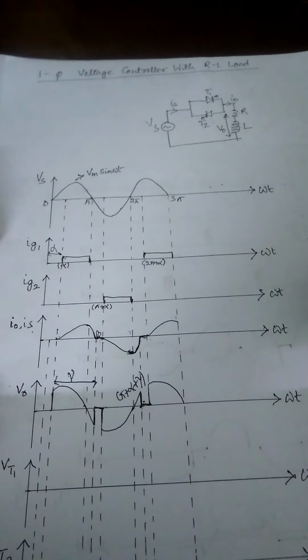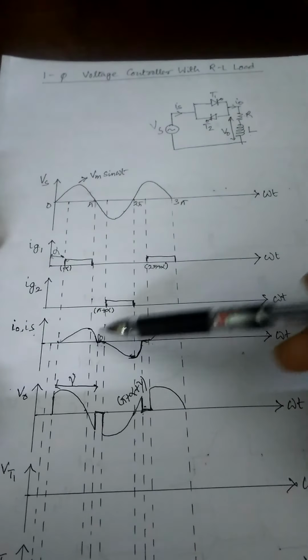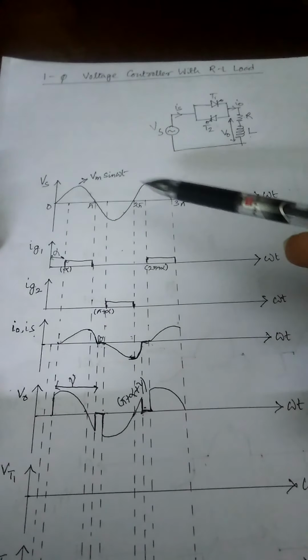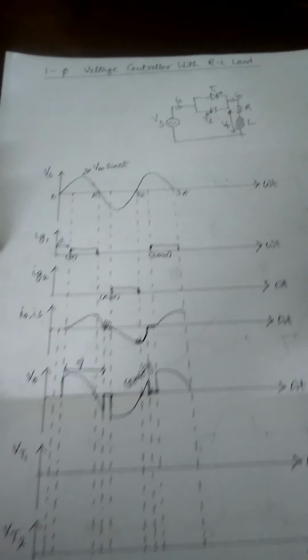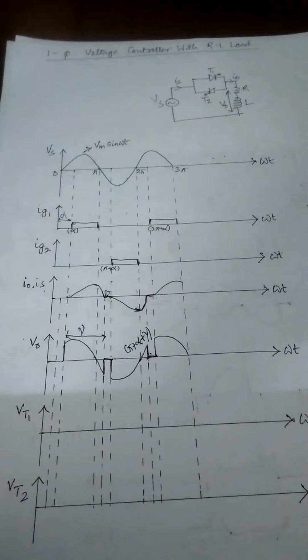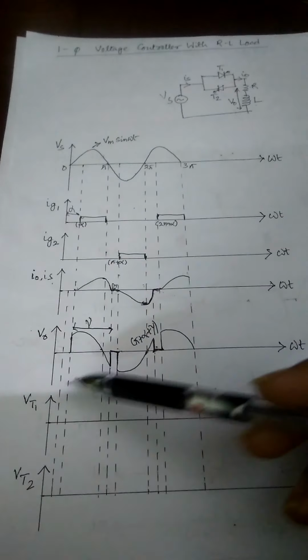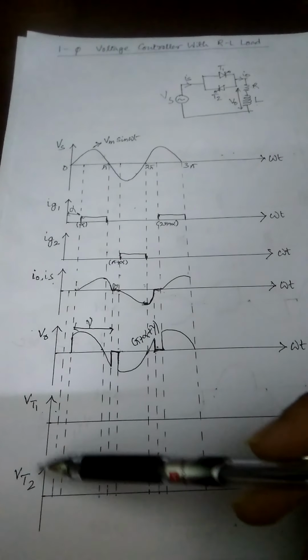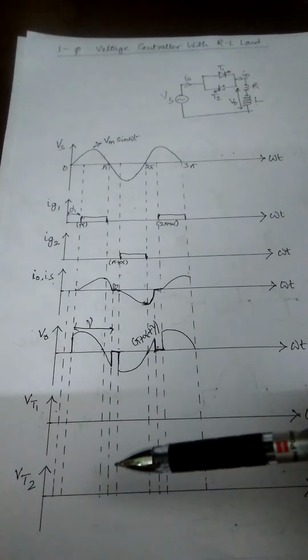So this is the output voltage, current, and gate currents for these two thyristors, and the supply voltage waveform as we see. Now there are two other parameters, VT1 and VT2, that is the thyristor 1 voltage and the thyristor 2 voltage.